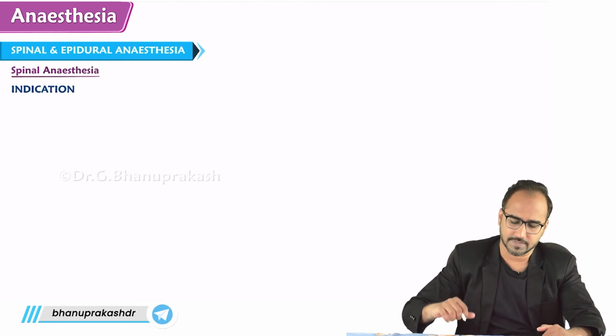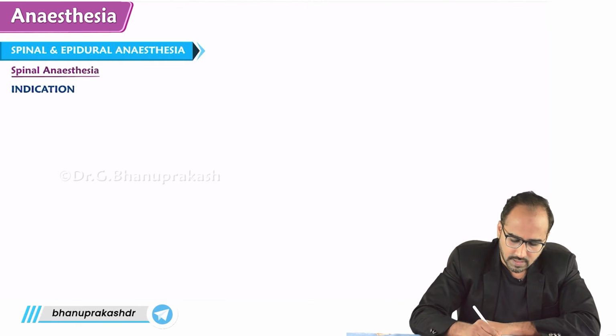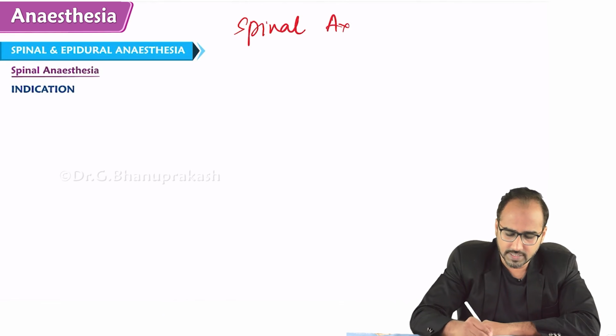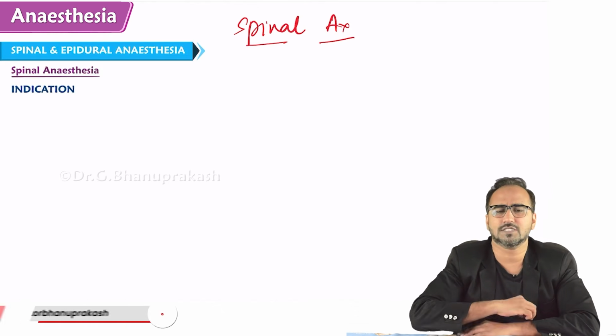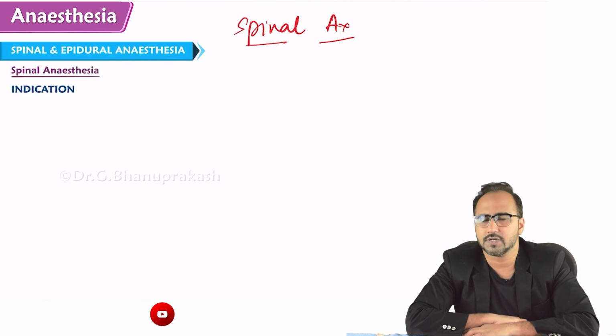We'll start with spinal anesthesia. Now guys, first we need to understand what spinal anesthesia is and for what surgeries it is used. I have given you a brief introduction to spinal anesthesia, and we have discussed the technique previously also.